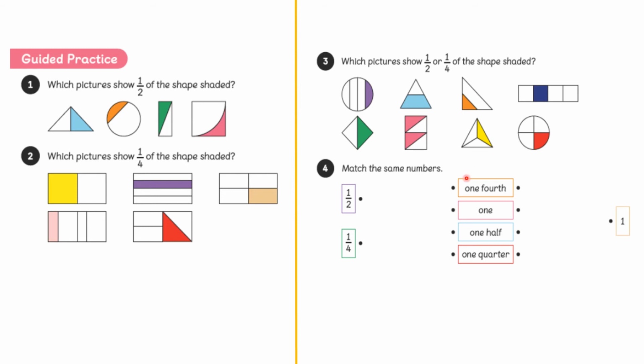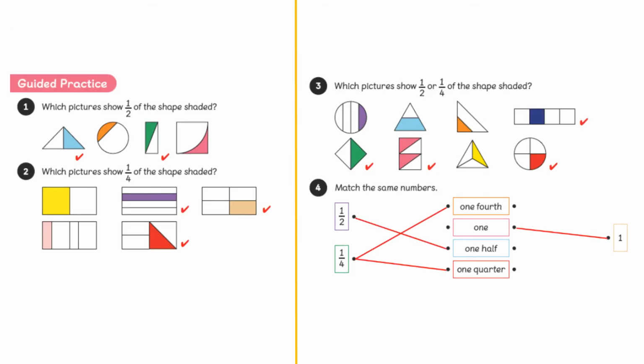And then in question 4, you need to match the same numbers. And you've got 2 fractions here, then you've got some words, and you've got a number over here to match up the same ones. This should take you between 5 and 10 minutes. Pause the video and off you go.